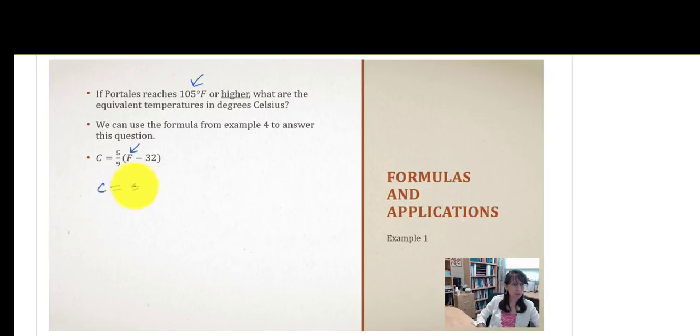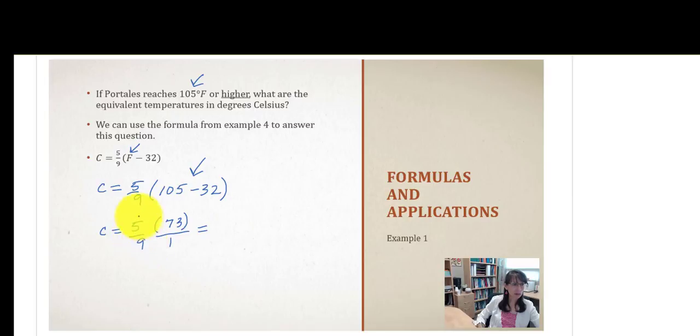C now equals 5/9 times 105 minus 32. Now don't forget about the order of operations. We need to use the order of operations to finish this problem. So we would start inside parentheses with 105 minus 32. We're going to have 73. So if it helps you, you could write that as 73 over 1.